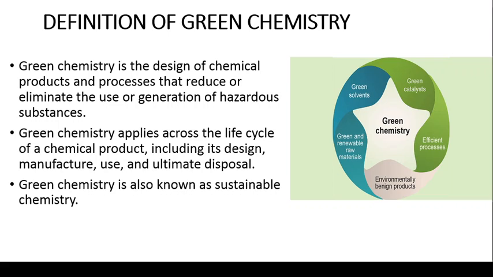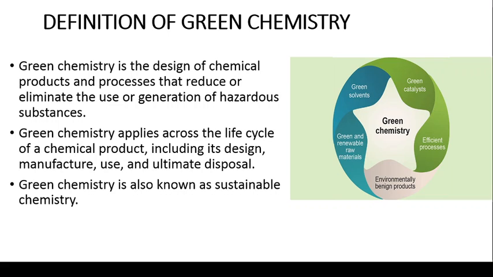That is, in green chemistry, as we have seen, other chemistries use different raw materials and produce a product which may be useful or harmful to the environment, but when you are applying green chemistry in your projects, it has a particular design in which such types of chemical products or processes are used that avoid the use or generation of hazardous substances in the whole process.